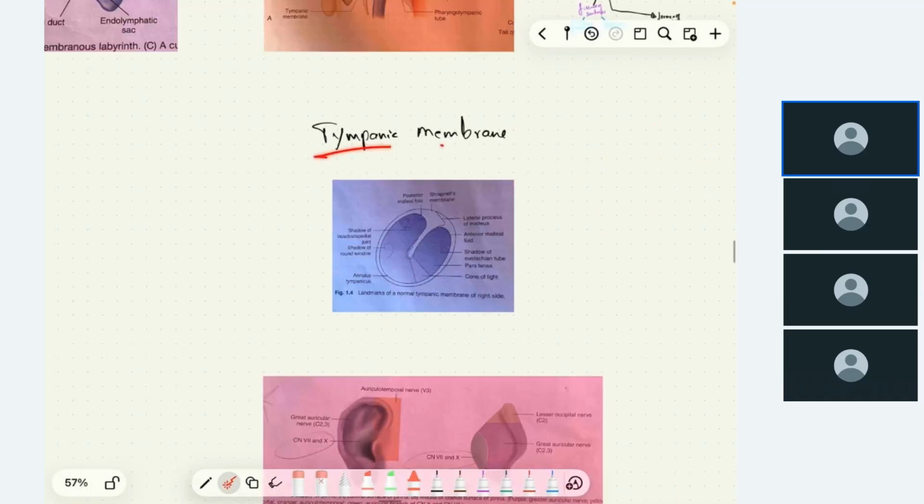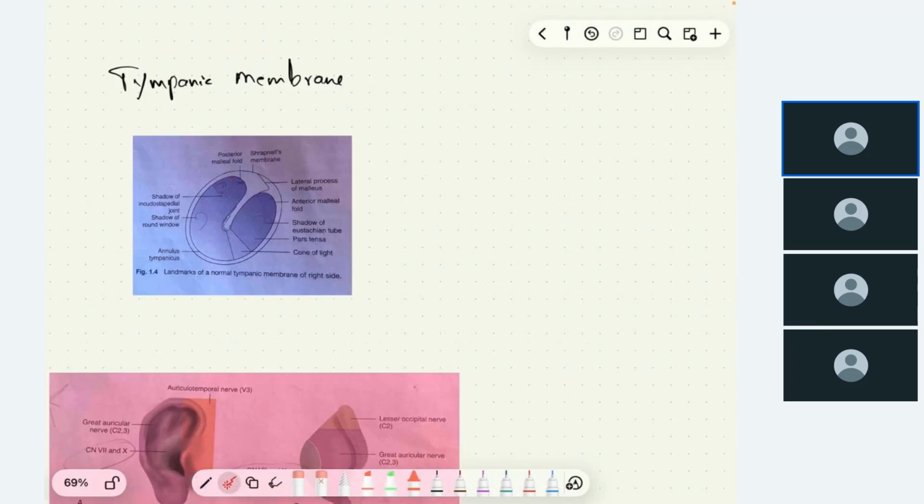What are the parts of tympanic membrane? The tympanic membrane has pars tensa, pars flaccida, and the annulus. I'll explain each of them shortly. Before that, the tympanic membrane is 9 to 10 mm tall, 8 to 9 mm wide, and the thickness of tympanic membrane is 0.1 mm.